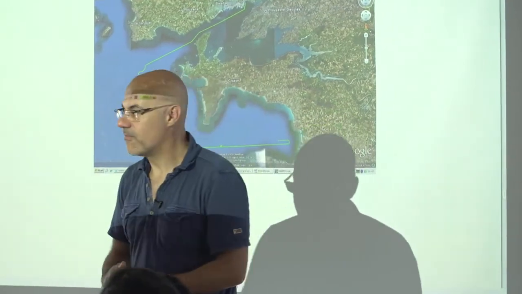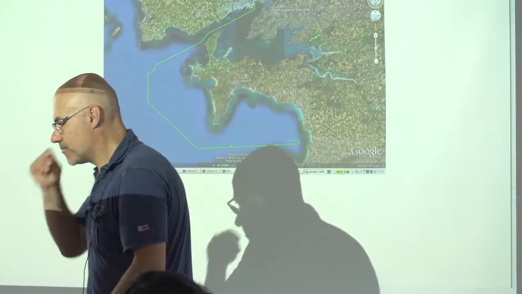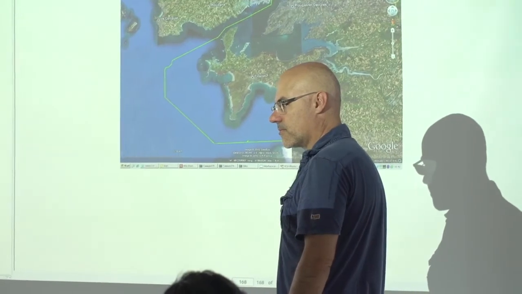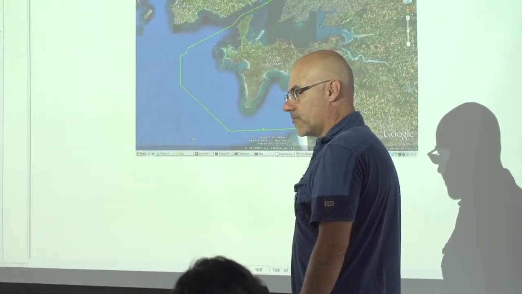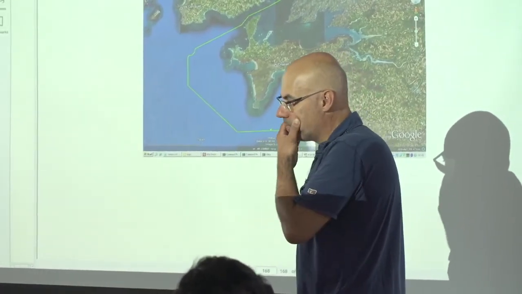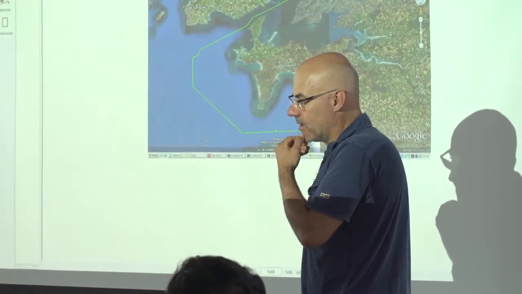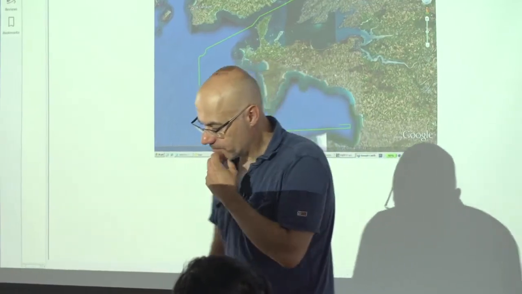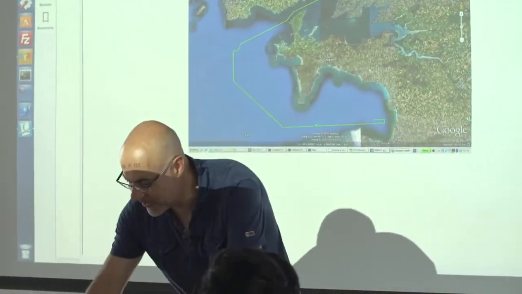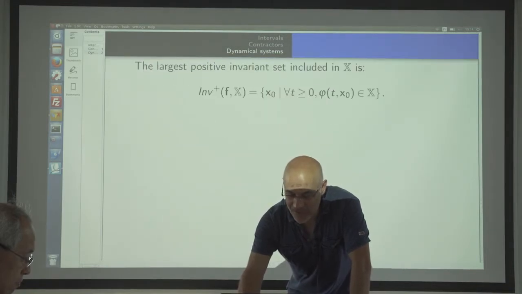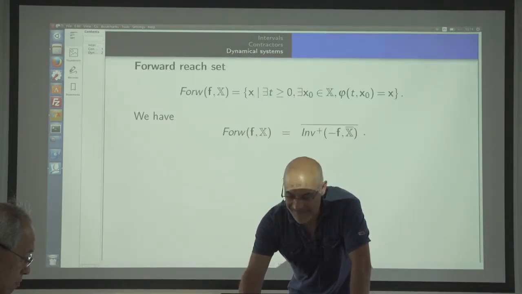Okay, another question. You said that the path should also encode information about the order in which I visited things. Yes. But I didn't see that in the picture. So where does it come from? Maybe I went too fast on this.